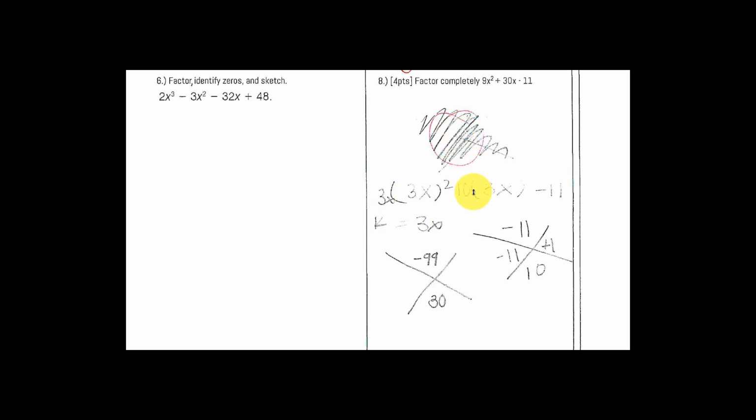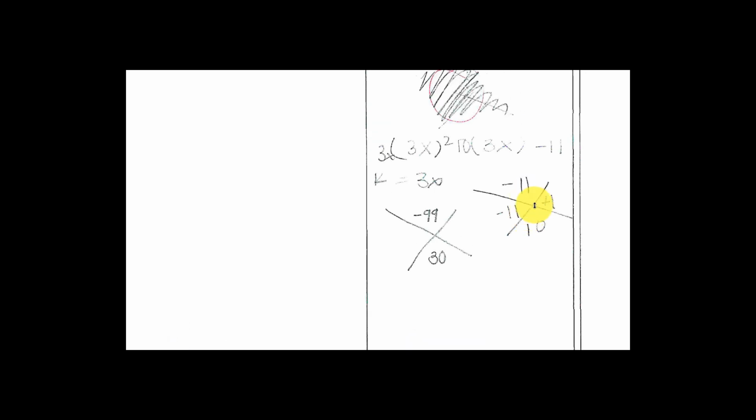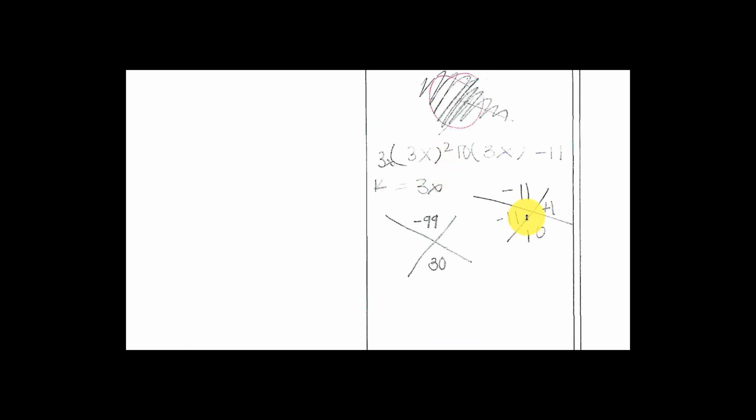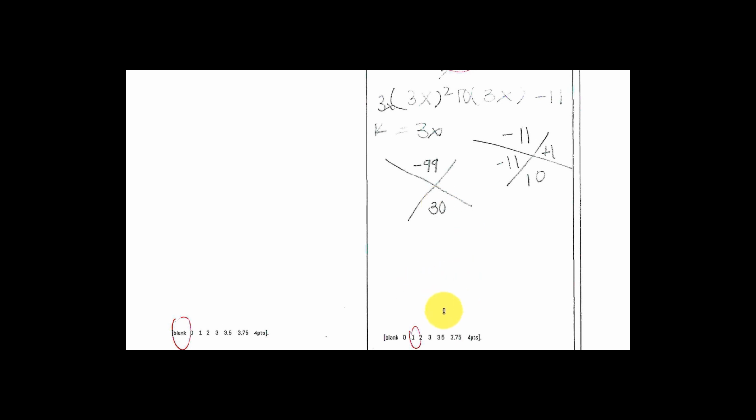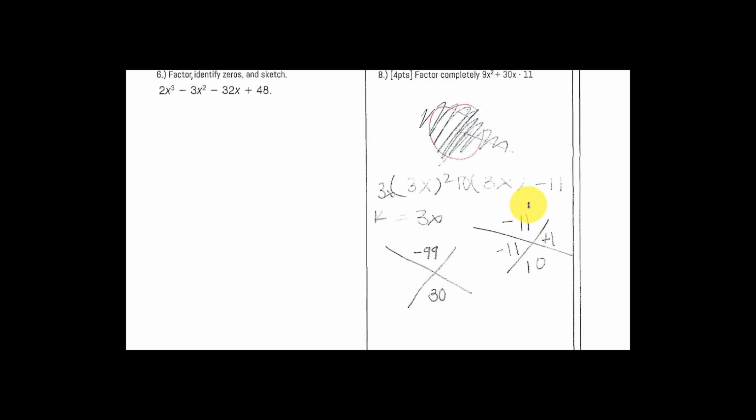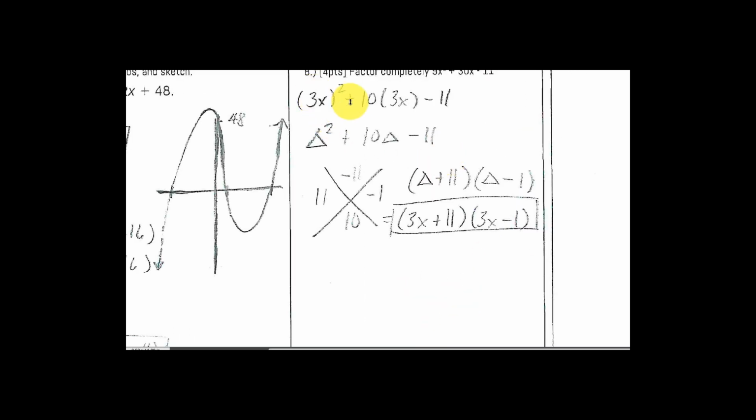Get an eraser. They got stuck on the x, so they did the chunking method, and they did that correctly, but they didn't know what to do after that. They didn't know what to do from here, nor do the substitution again. So I gave them a 1. I just had to show you guys.